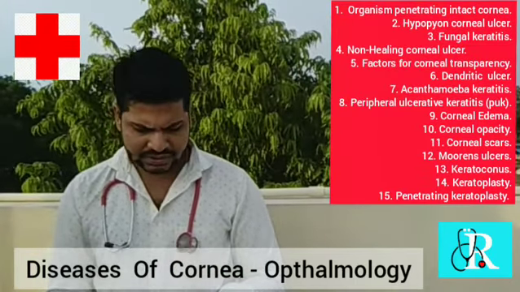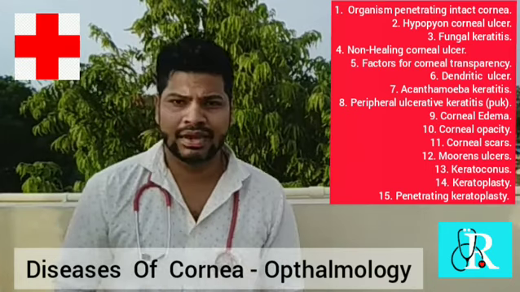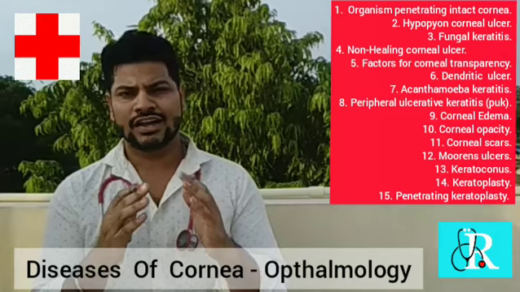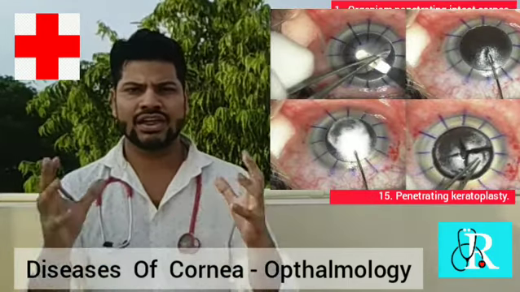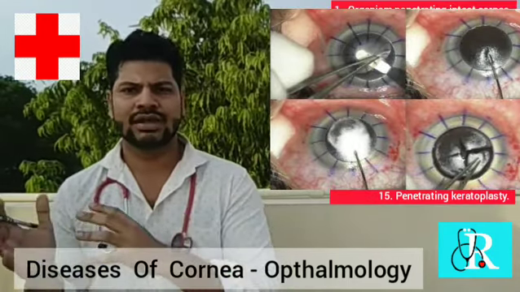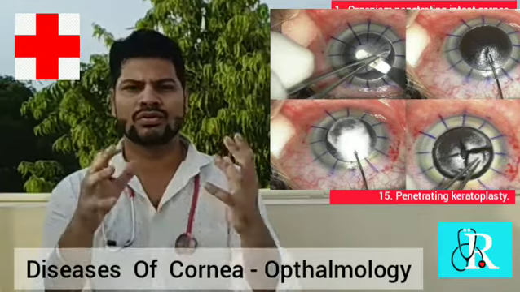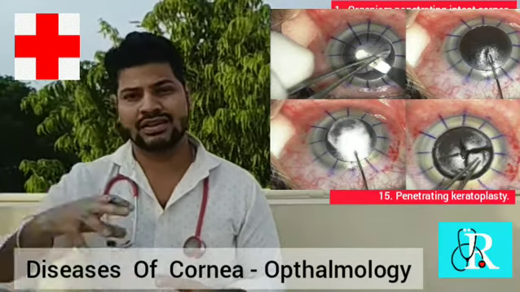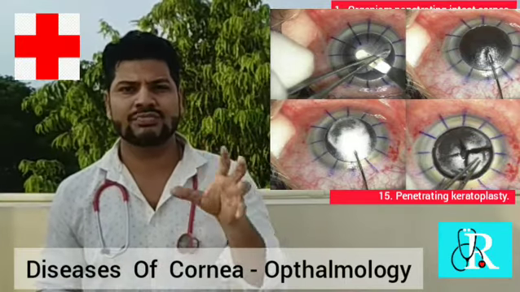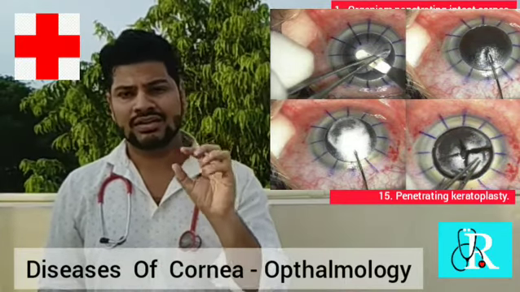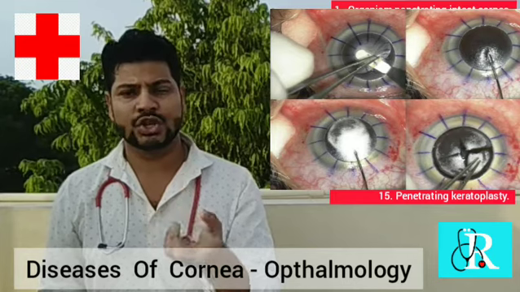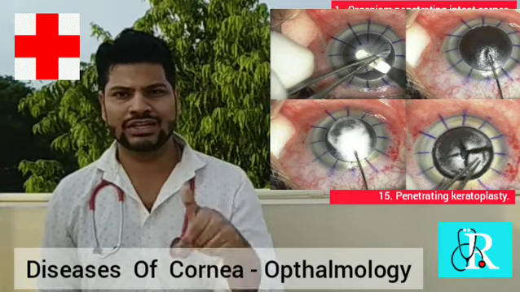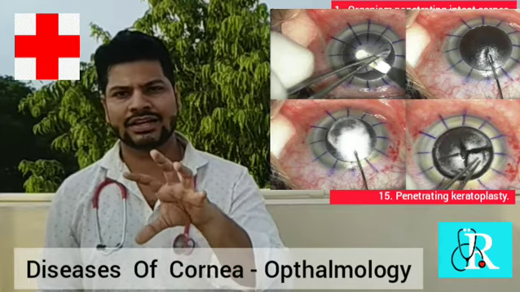Next comes penetrating keratoplasty. Penetrating keratoplasty is keratoplasty wherein the entire cornea gets replaced by the donor's cornea. It is called penetrating keratoplasty. A circular incision is made using a trephine. A trephine is a surgical instrument, usually cylindrical, which has saw teeth on one end, and it makes a circular incision.